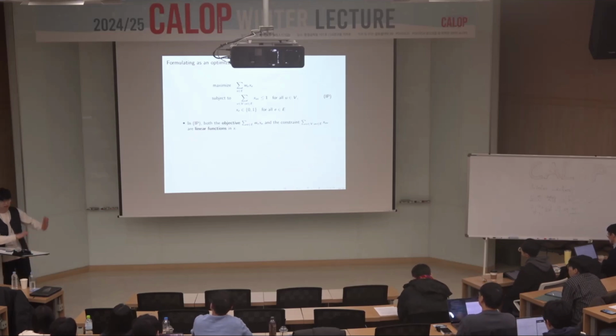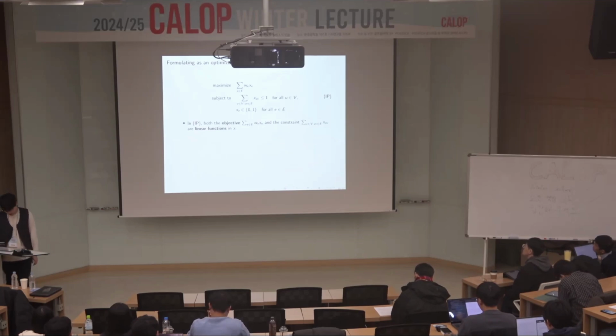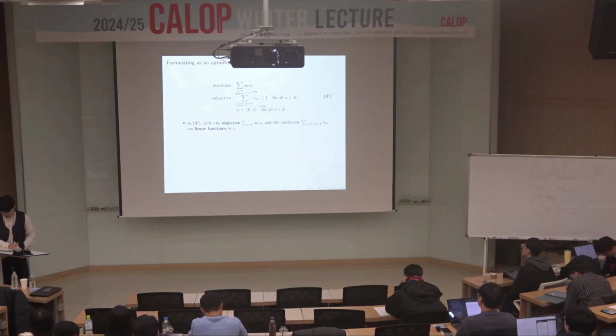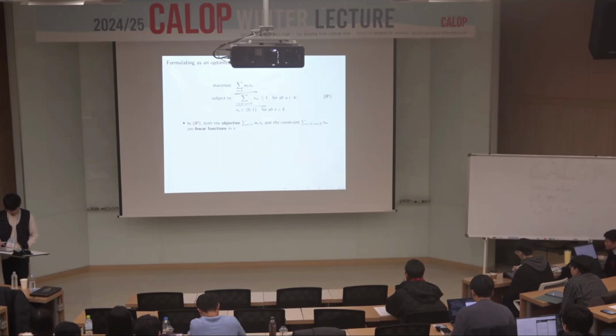Let's look into what's written for this optimization problem. I'm just throwing away some terminologies. So the objective function and constraints are written in terms of variables. And not only that, they are written with linear functions in x. What is a linear function? A linear function has this form.